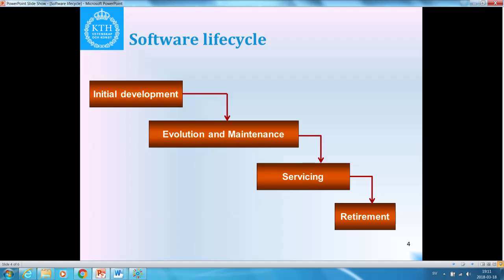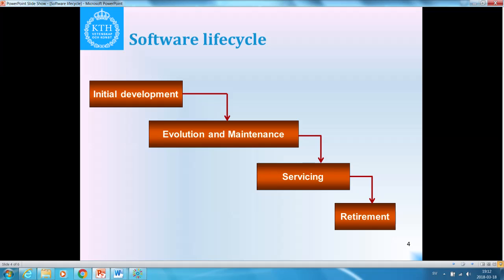For instance, after 20 years, you see that the system is no longer easy to maintain and evolve. So you would like to replace it with some other system. But before you retire it, you simply decide that, okay, we will not extend the system with new functionality. We will simply have it as it is.